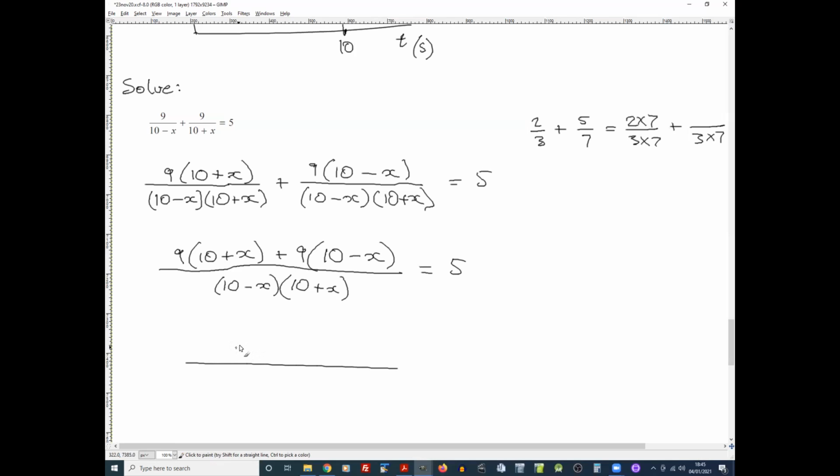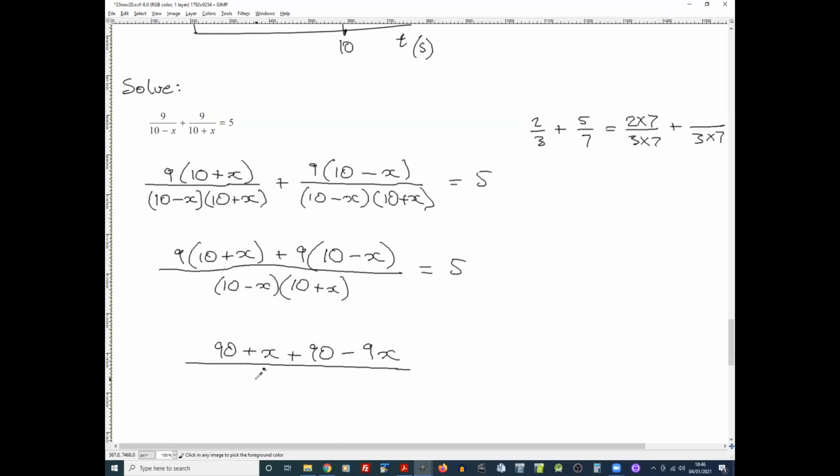So for the first one, you'd have 90 plus 9x. And then plus 90 minus x, minus 9x. For the first one, would it be plus 9x?